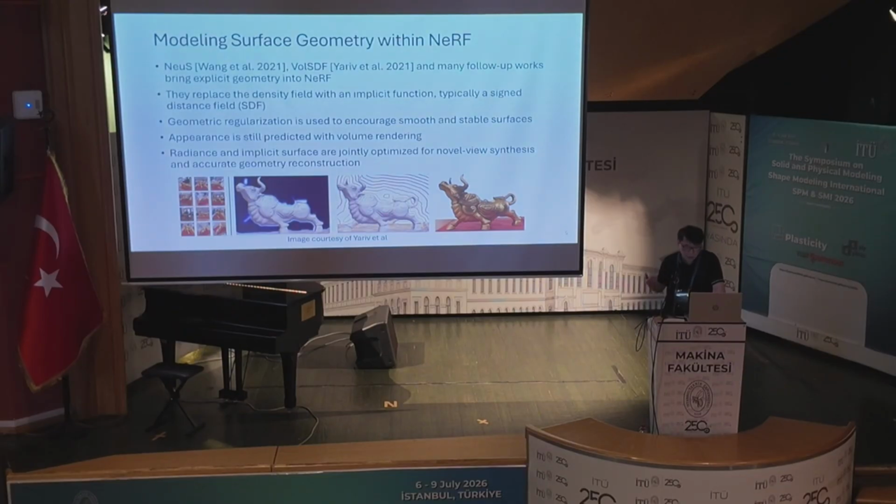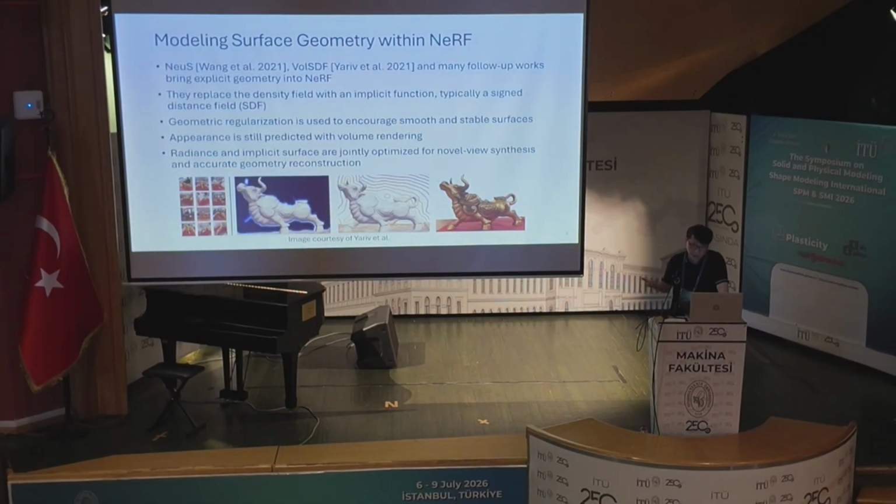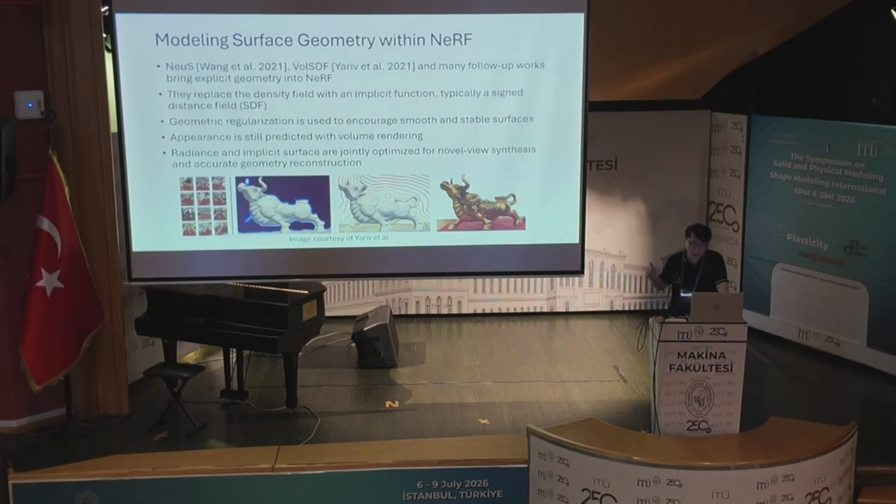It also allows us to define regularization, such as the Eikonal constraint, which is the first order constraint, or even using the singular Hessian constraint, the second order constraint. So this regularization allows us to obtain smooth, high quality geometry.